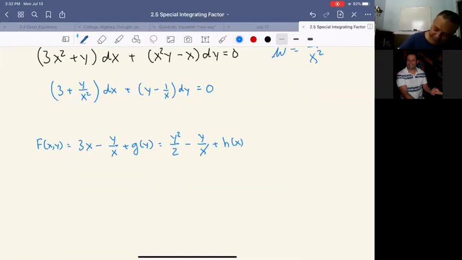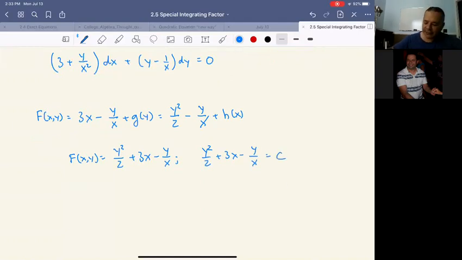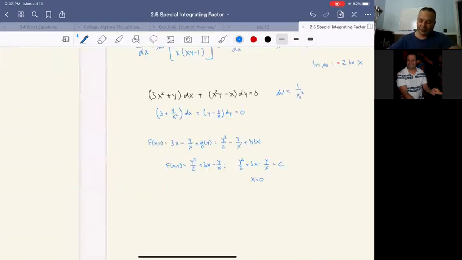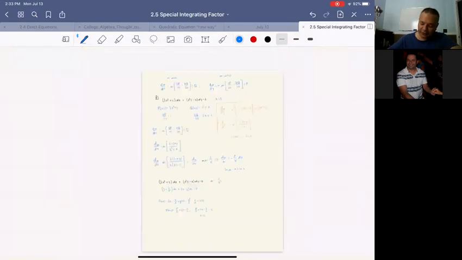Putting them together, you have the negative y over x, the 3x, and the y squared over 2. So you have y squared over 2 plus 3x minus y over x equals a constant, or you could also have x being identically equal to 0. Okay, all right, we'll do another one in a bit.